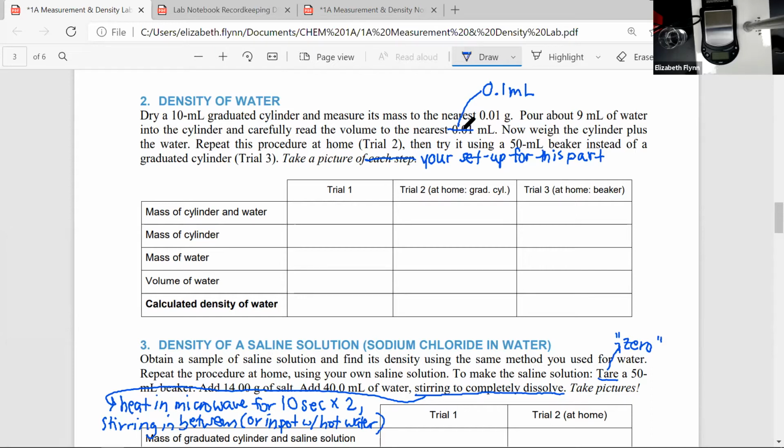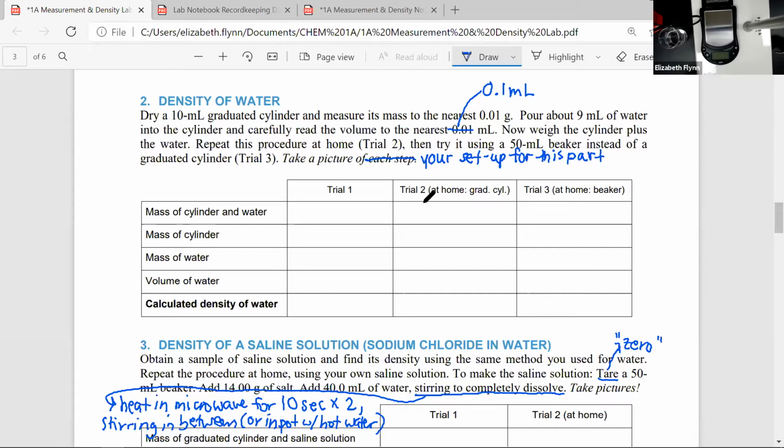I've crossed out to the nearest 0.01 mL because, remember, your 10 milliliter graduated cylinders only measure to the precision of 0.1 milliliter, or a tenth of a milliliter. Now we're going to weigh the cylinder plus the water and determine the density of the water.